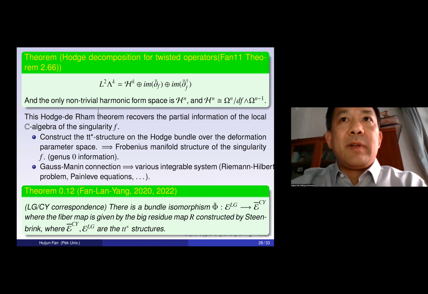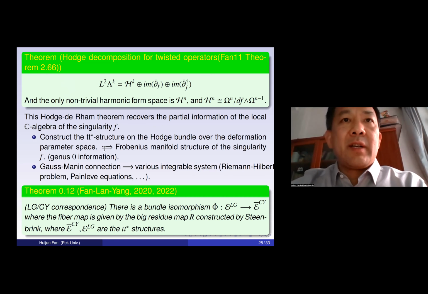And we can also prove the only non-trivial harmonic form space is just H^n, and H^n is isomorphic to this space, Omega^n modulo dF wedge Omega^(n-1). This Hodge-type theorem recovers the partial information of the local algebra of the singularity F. That means we can use the analytical way to study the singularity theory.